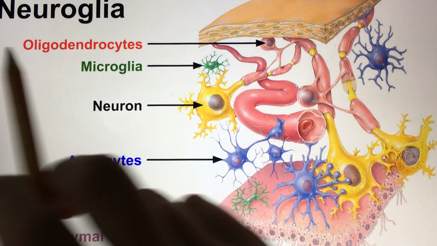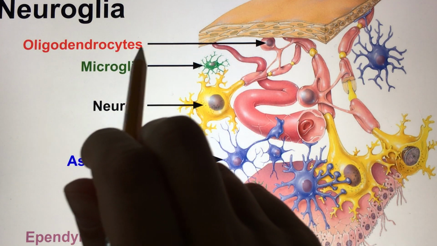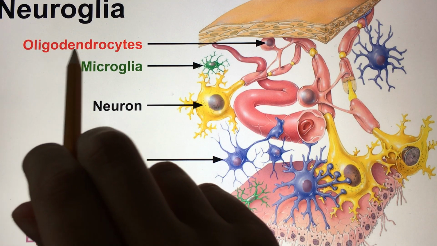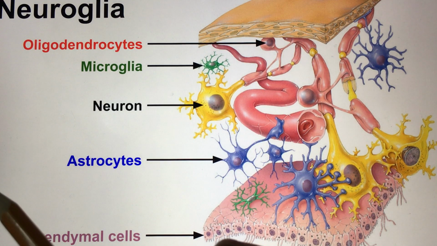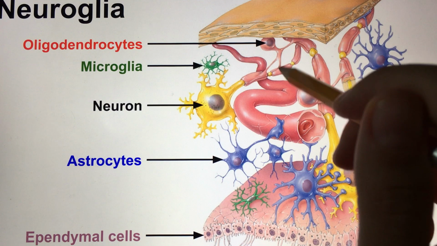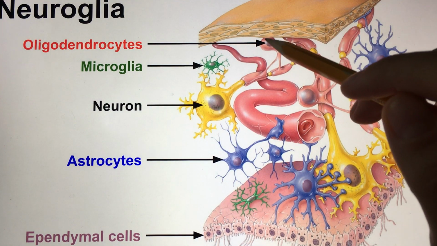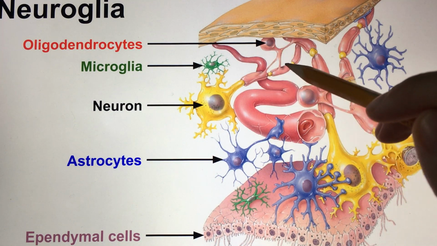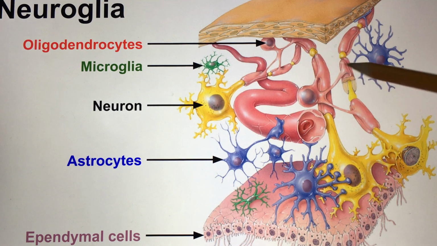The last type of the neuroglia will be oligodendrocytes, which means oligo means many, dendrocytes means kind of like tentacles, these appendages they have. So these oligodendrocytes are in pink, and what they do is they create myelin sheaths around the neurons.